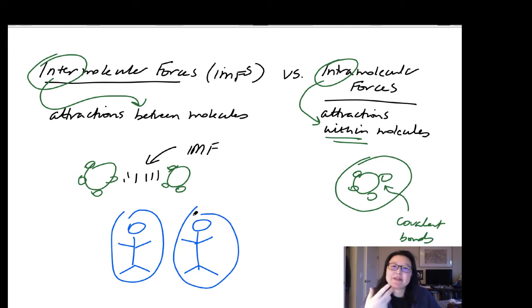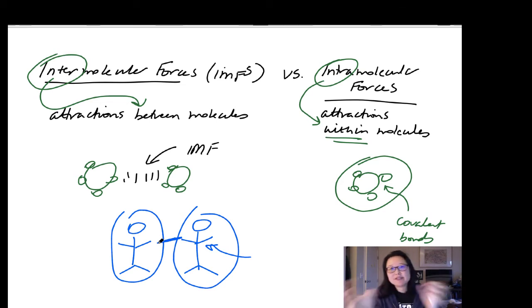The intramolecular force is within the molecule. So it would be like this person's arm connected to his body or something like that, right? So these are the forces that connect us to be a whole person. The intermolecular force then would be, if they held hands together, that would be the intermolecular force.